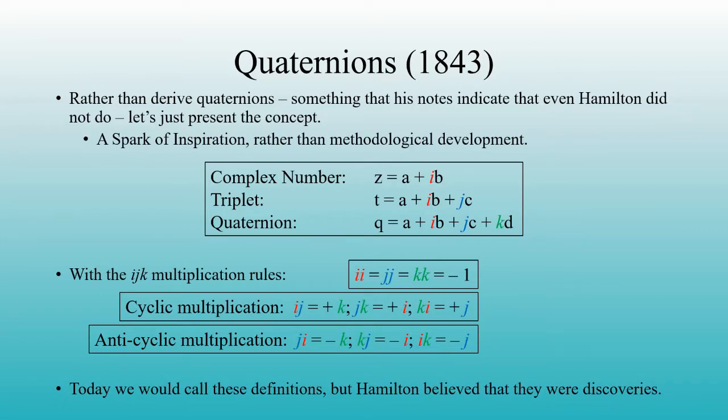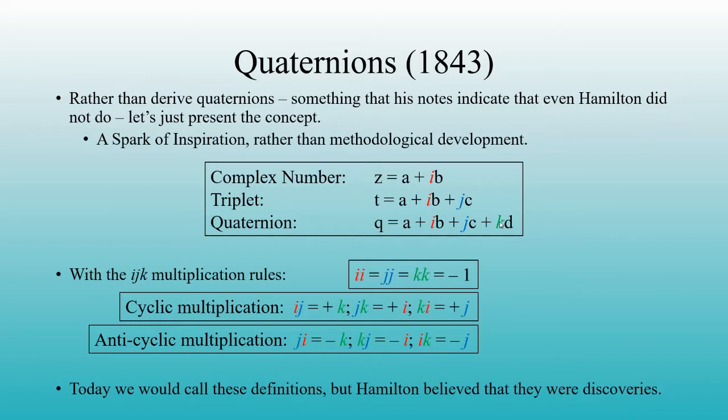Let's begin with the question, what is a quaternion as a mathematical object? I will use the compare and contrast approach. If complex numbers are z equals a plus ib, and triplets are t equals a plus ib plus jc, then quaternions are a plus ib plus jc plus kd, for a total of 4 components, hence the name quaternion.